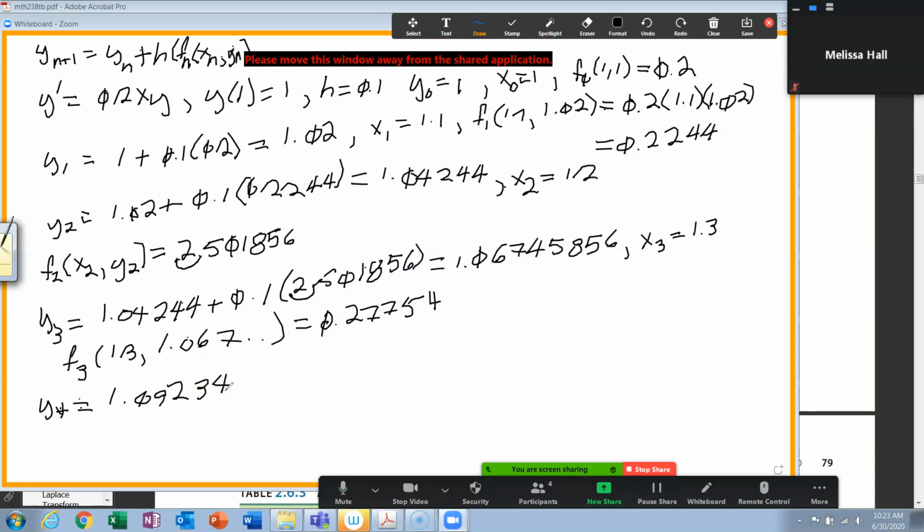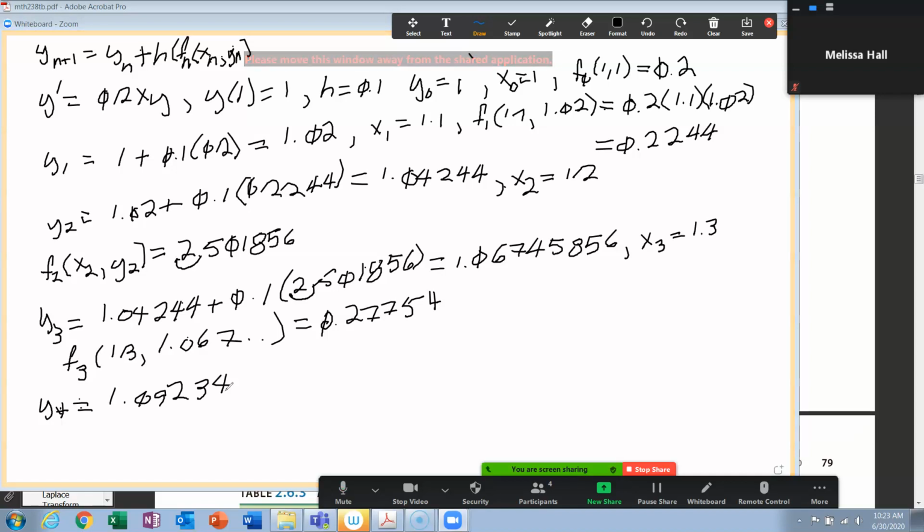Okay. Now, how'd the book do? Look on the right page. 1.09. Okay, I must have dropped a digit somewhere there. Sorry. 1.0952.